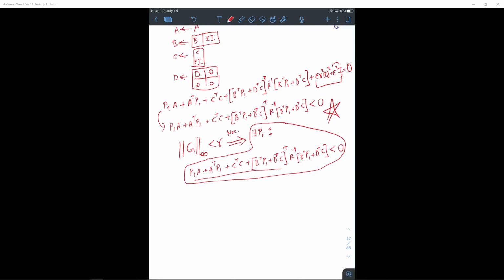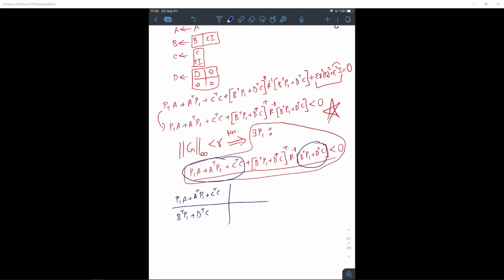Let's focus on this term again. This is like 1 minute left, I guess. Well, let me use blue color. Here, P1 A transpose P1 plus C transpose C, and this term which is B transpose P1 plus D transpose C, right?